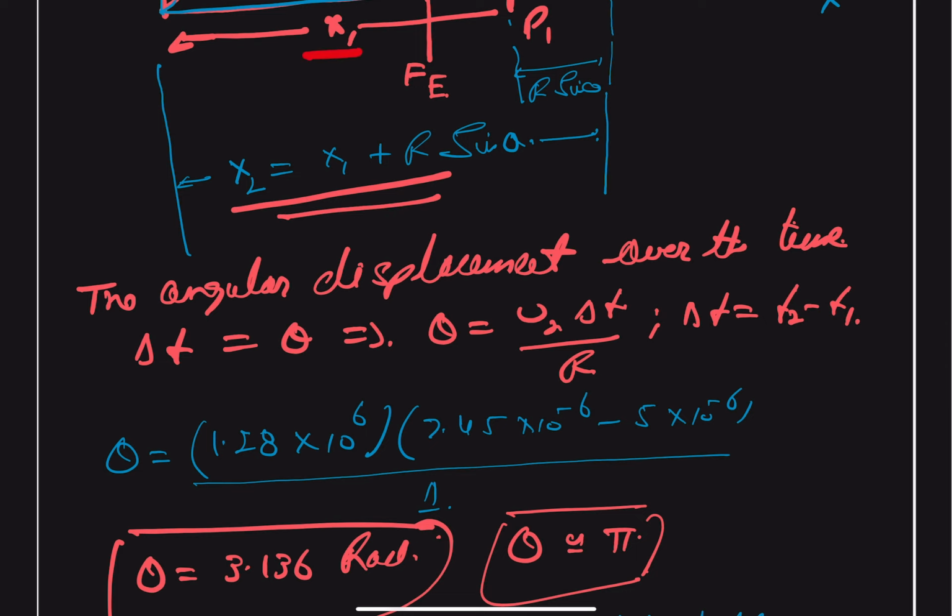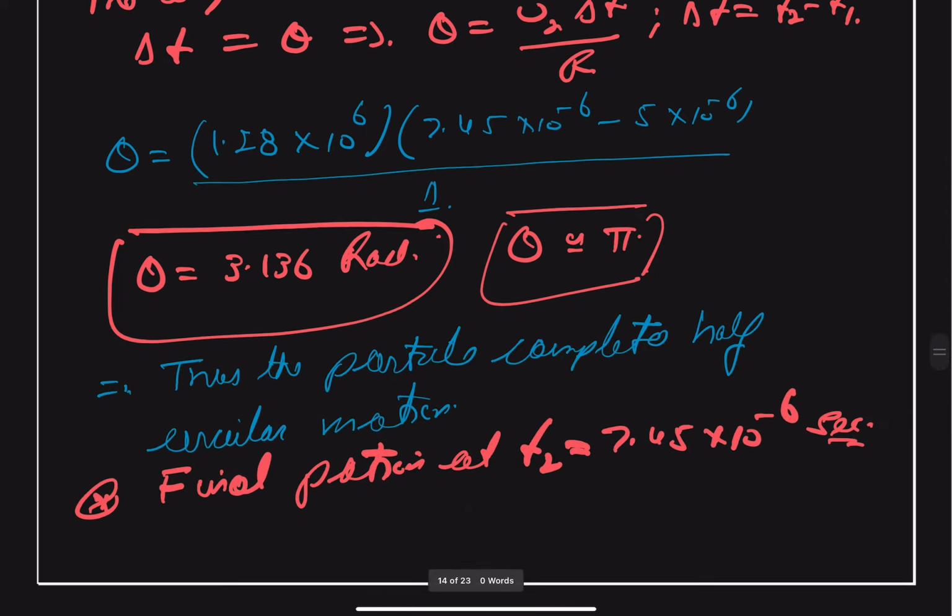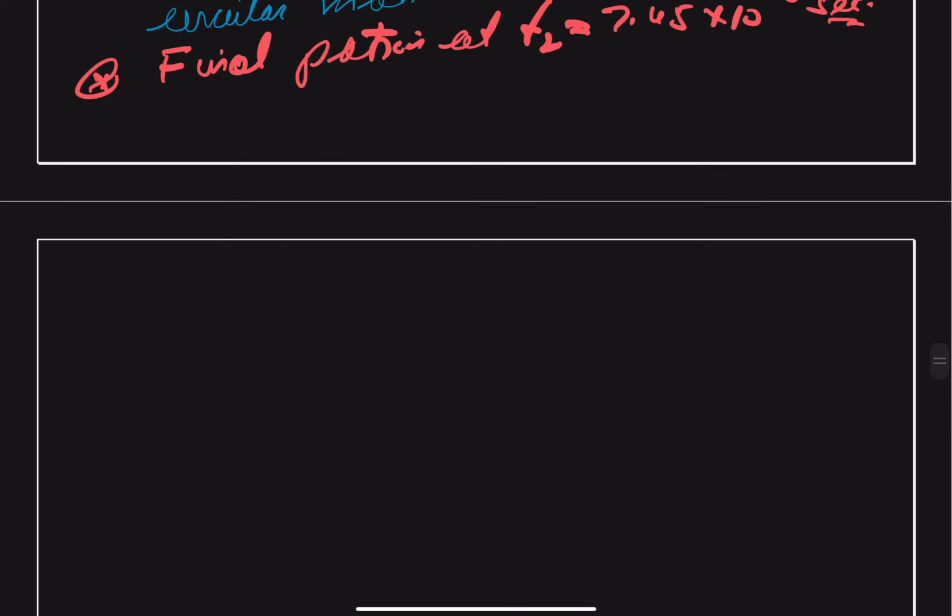So we are only interested in our x2. So the x coordinate, which will be given as x2, will be equal to x1 plus r sine of theta.